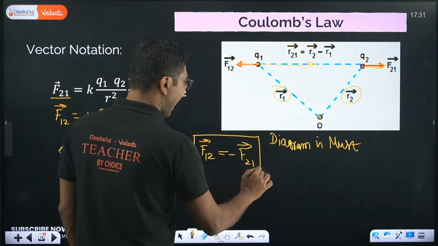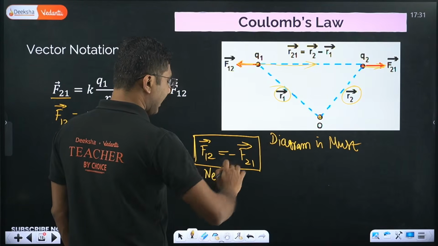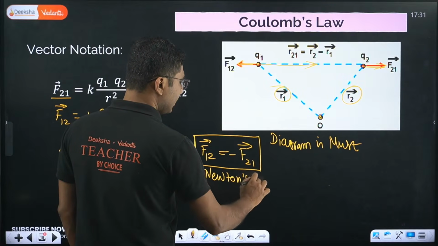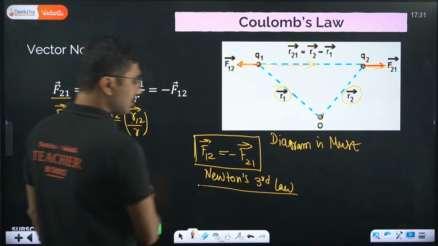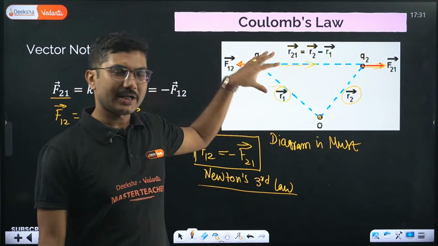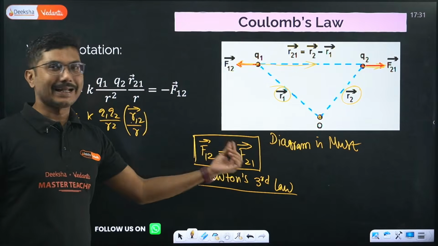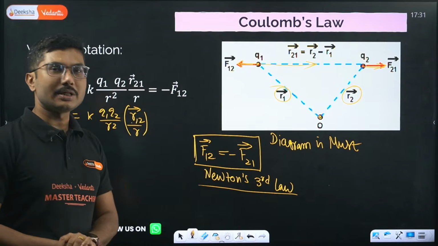This is a fact that comes from our old grandfather Newton, Newton's third law. If this is action, this will be reaction. Action and reaction act in the opposite direction. That's why there is a negative sign. The negative sign comes from Newton's third law.